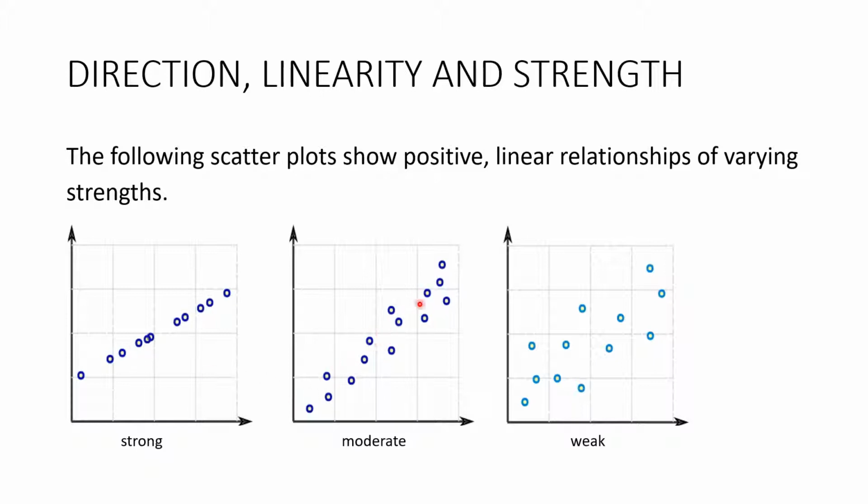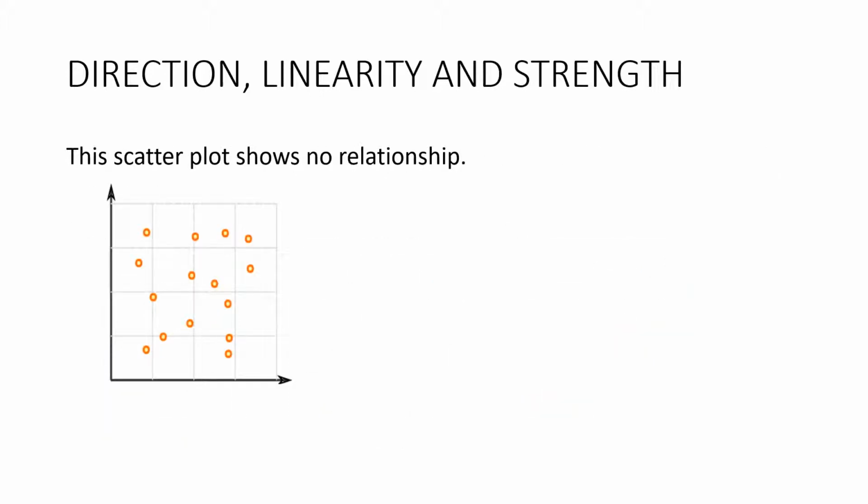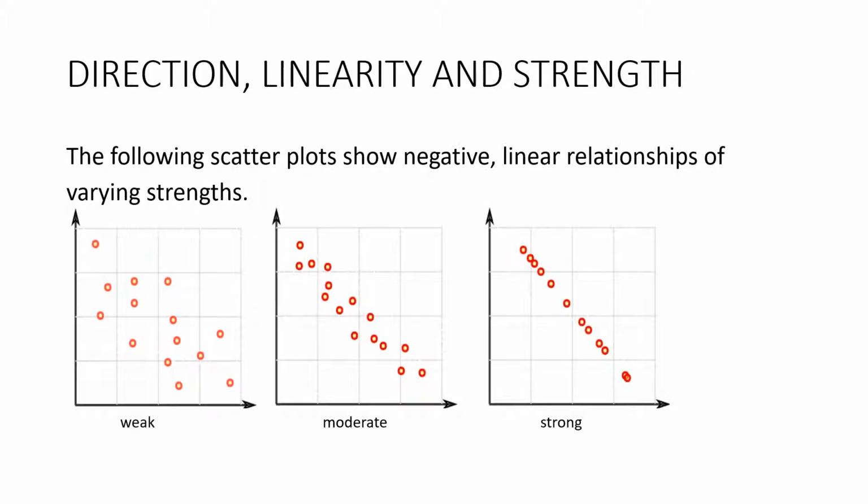So a line through the middle there, the dots are a little bit away, and this one's much weaker. But you can still see the relationship here. This scatter plot shows no relationship. These ones here are negative, they're also linear, and they're varying strengths. Weak, moderately strong, strong, probably perfect.